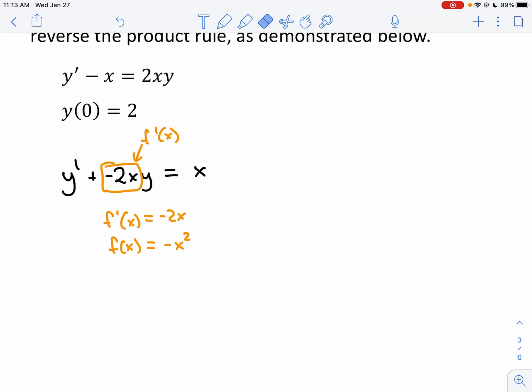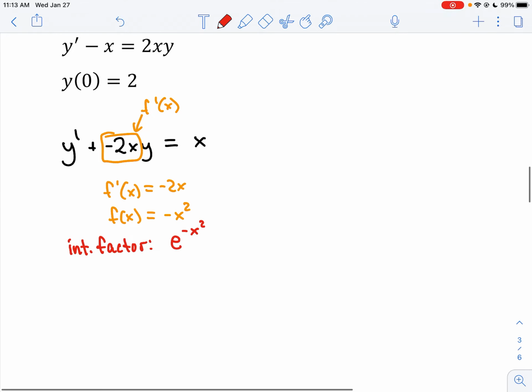We just need to have any function that is an antiderivative of f prime, not the general. So the easiest one to go with is the one that has a 0 for the c. And then our integrating factor is constructed by doing e raised to the f of x. So e to the negative x squared is our integrating factor.